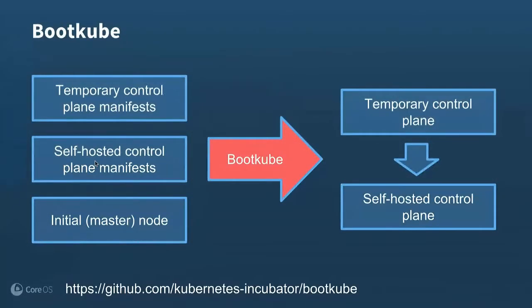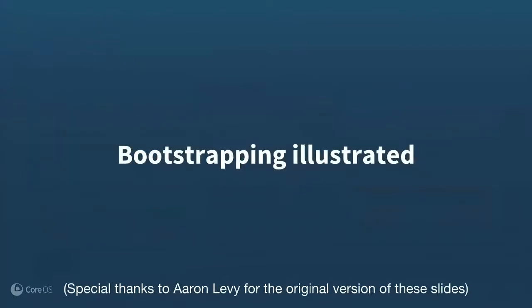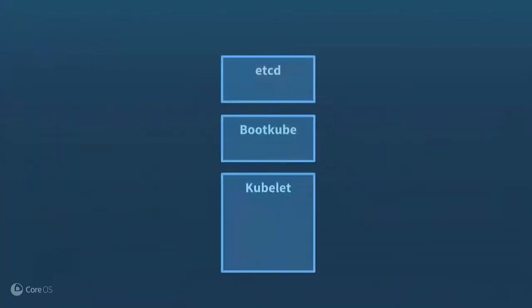I'll go into the details of how this process happened, since it happened a little quickly in the terminal. So when we started out, we had the etcd node that I showed, we have bootkube, and we have the kubelet that's running on our master node. The first thing bootkube did was create static pods by copying them into that directory, as I showed.